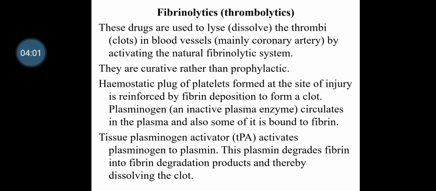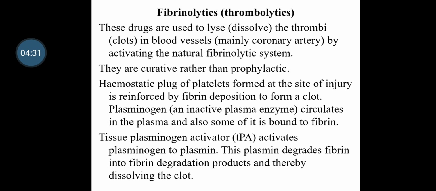Then how can we degrade the fibrin? For degrading fibrin, we should have an active enzyme like plasmin. With the help of plasmin, we can degrade the fibrin into fibrin degradation products. But there is a problem. This plasminogen enzyme is there, but it is in an inactive state. The active form of plasminogen is plasmin. So we have to convert inactive plasminogen to active plasmin.